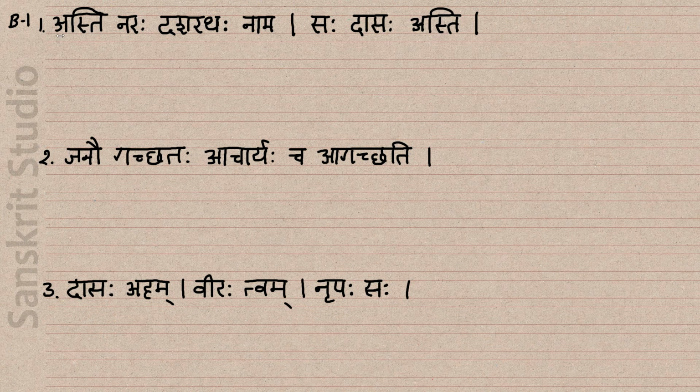Alright, number 1 here, B1. Let's see if we can get our pointer here, and we'll do the transliteration as usual. Asti nara dasharatha, ha at the end there, and nama, long A, nama.